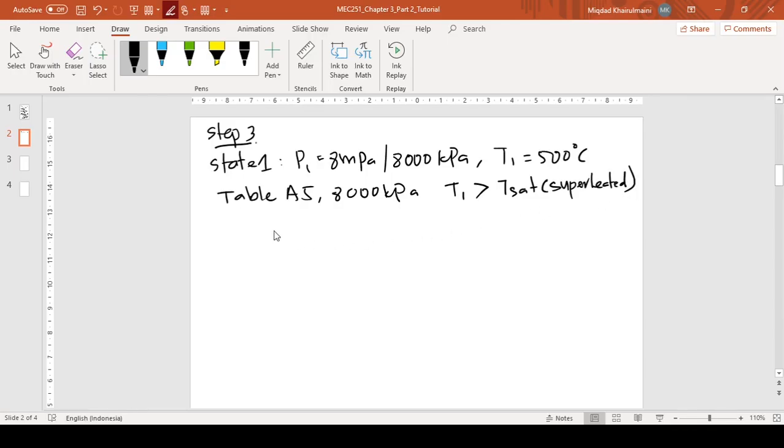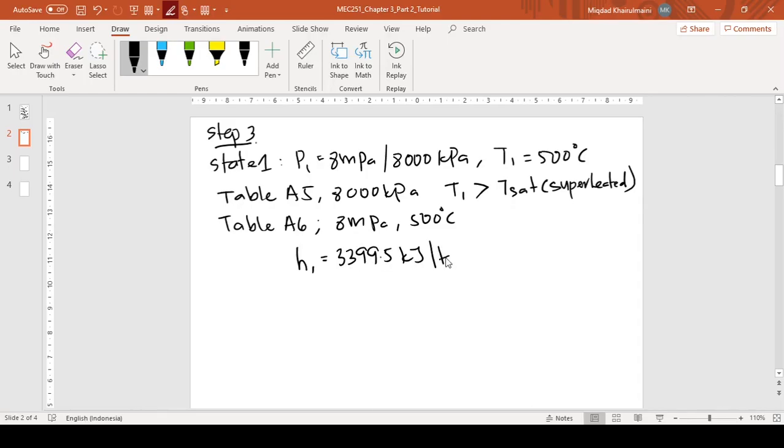Okay, so superheated, we have to open table A6, 8 megapascal, and we look for 500 degrees Celsius. If we can read directly, we will read directly. If not, we have to interpolate. So I think we can read directly. So we will read for the enthalpy, 3399.5 kilojoules per kg.